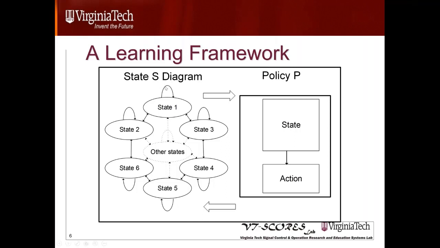So the fact that the state transition affects the identification of the optimal policy, and at the same time the optimal policy, or whatever policy you have, is going to affect the state transitioning, results in the need for artificial intelligence or reinforcement learning, and Bellman equation solving and those kinds of things.